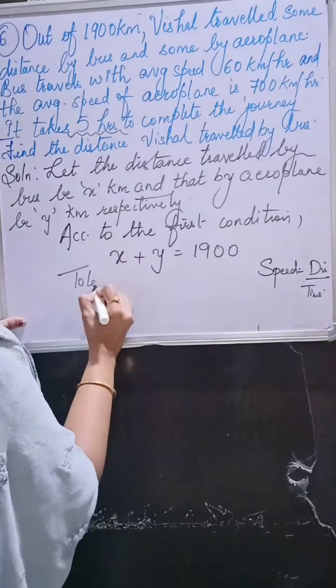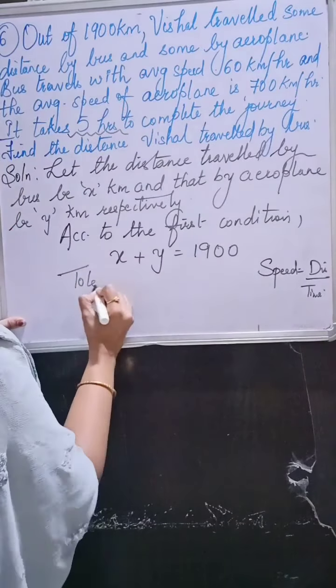Then same apply for aeroplane. For aeroplane, speed is given as 700. Distance covered by aeroplane we had taken as y, and time taken by aeroplane separately we don't know. Total time we know.